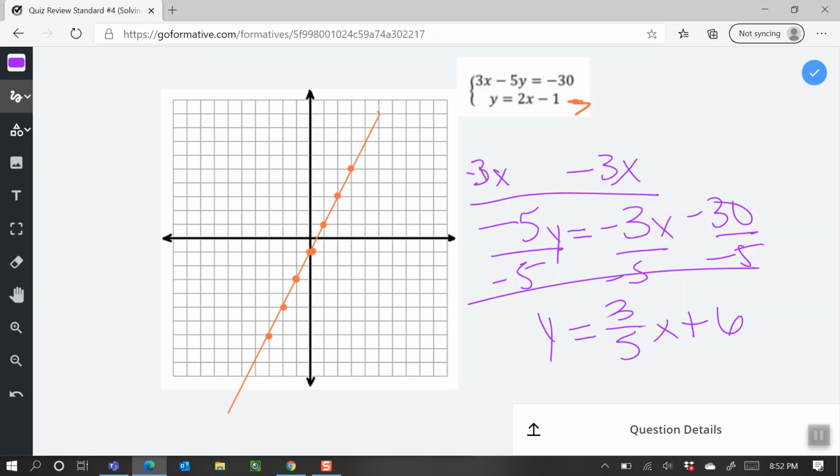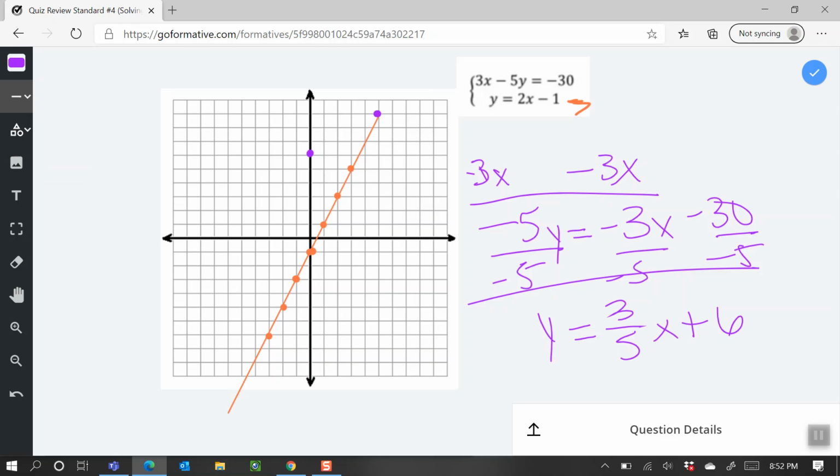So positive 6: 1, 2, 3, 4, 5, 6. And my slope's up 3 over 5. Up 1, 2, 3 over 5. That's really tall up there.